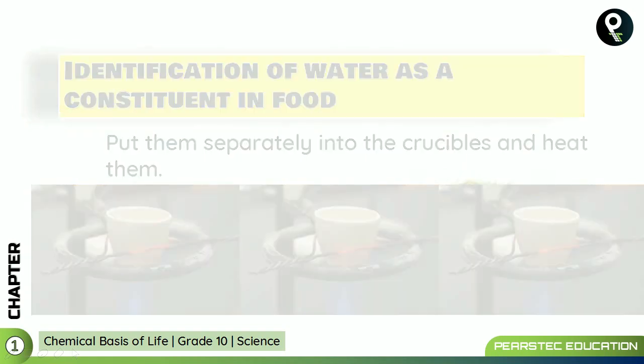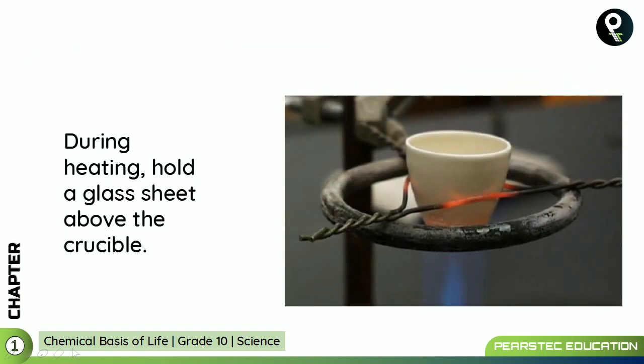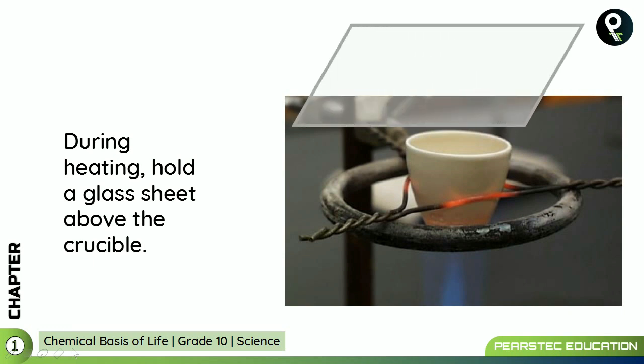After some time, during heating, hold a glass sheet above the crucible, in all 3: meat, leaves, and the eggshells. During heating, hold a glass sheet above the crucible. After some time, a kind of vapor, water vapor, will appear.